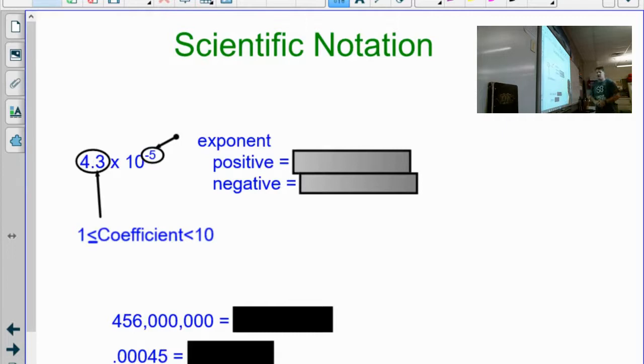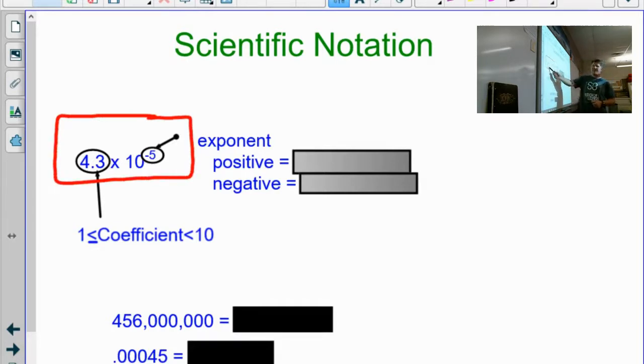So coming over here, a lot of times in physics, we're going to be using very large or very small numbers. And so we're going to be using scientific notation. Scientific notation is always going to be in this form right here. You're going to have a number in the front, which we are going to call the coefficient. The coefficient should always be a number that is greater than or equal to 1 and less than 10.